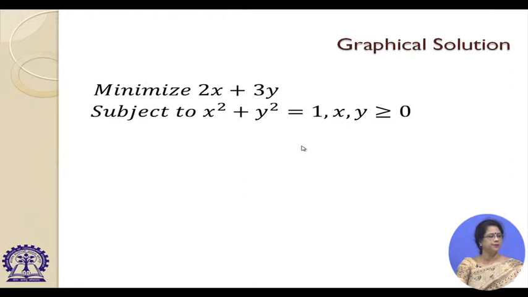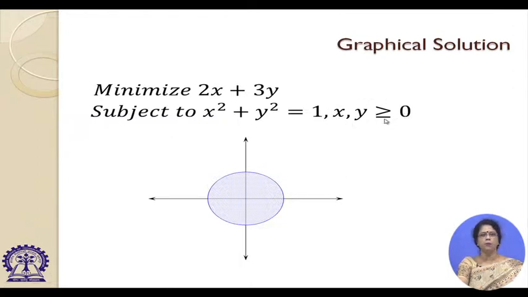Let me draw it. This is the constraint set, but you see I have considered only x, y greater than or equal to 0. That is why, let me modify the problem so that x and y both are unrestricted in sign. Let me consider that x and y both can move from minus infinity to plus infinity, as you did for linear programming as well.